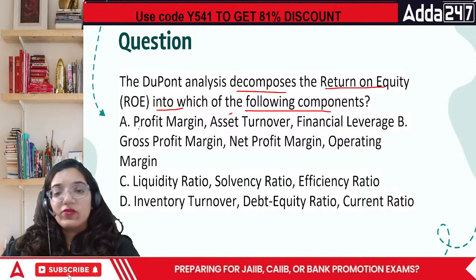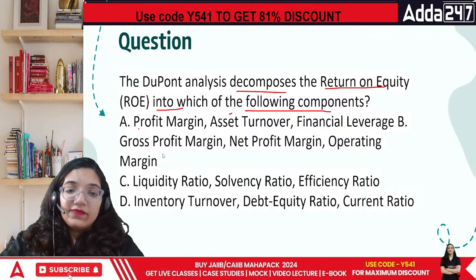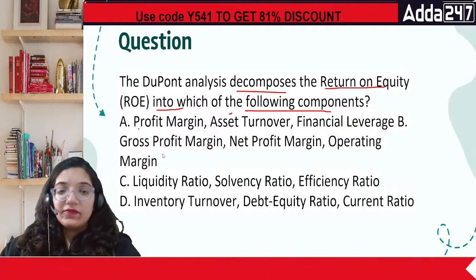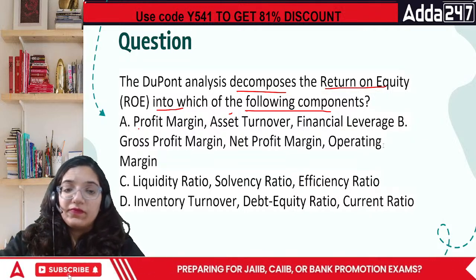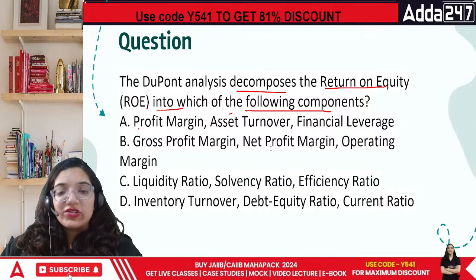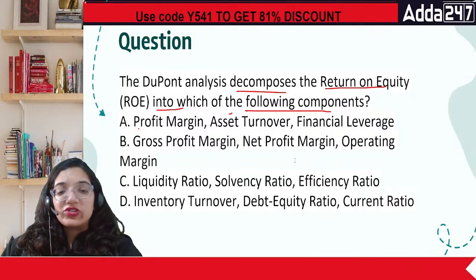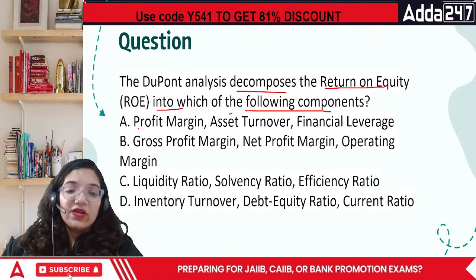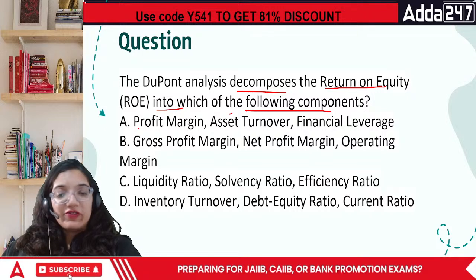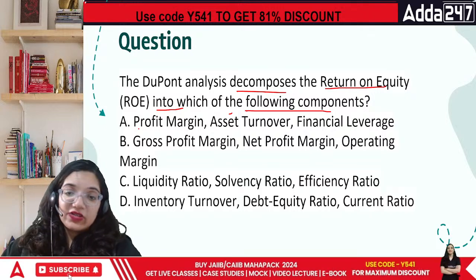Profit margin, asset turnover, as well as financial leverage. Or gross profit margin, net profit margin, operating margin, or liquidity ratio, solvency, efficiency, or inventory turnover, debt equity, or current ratio.